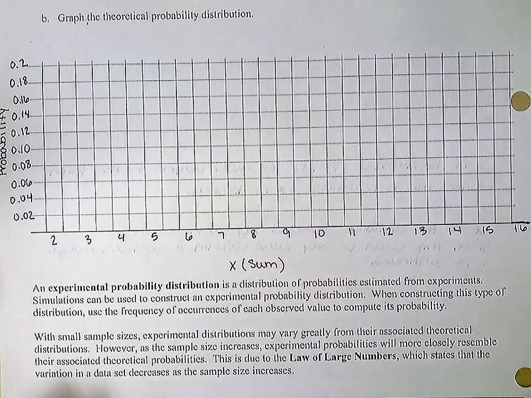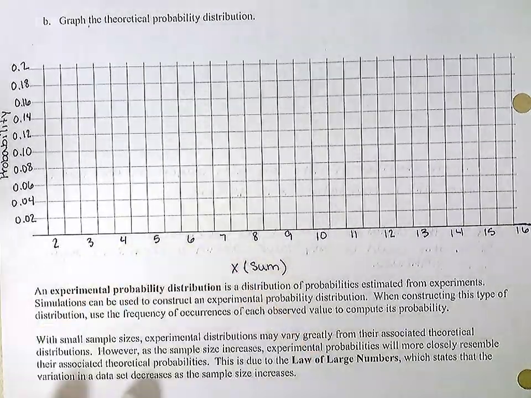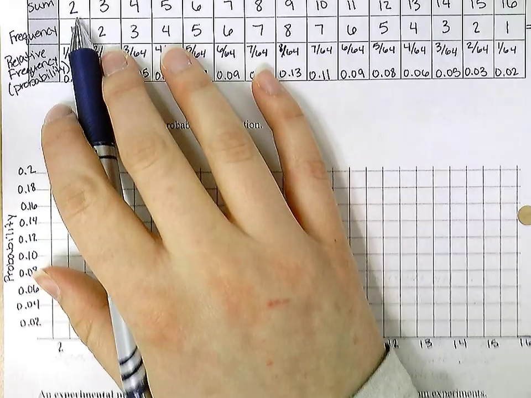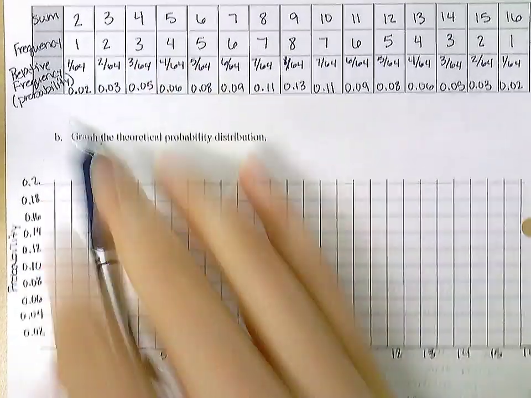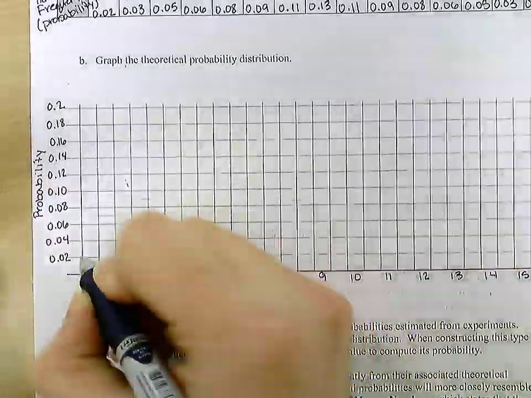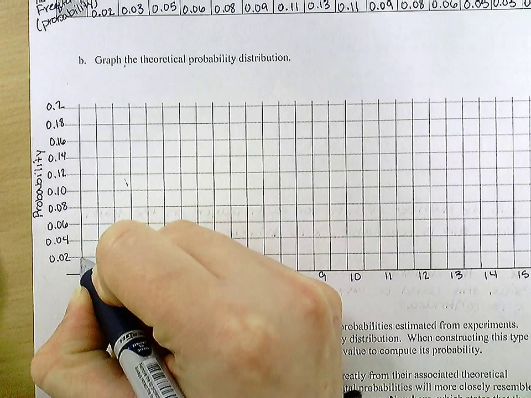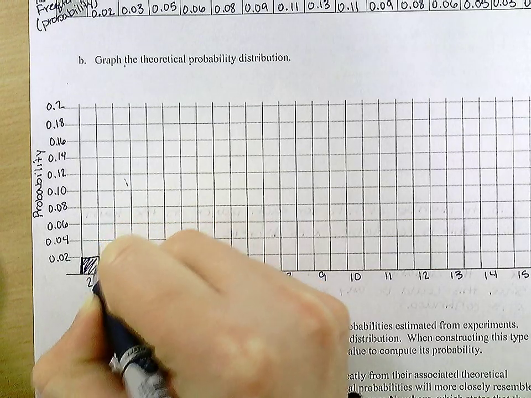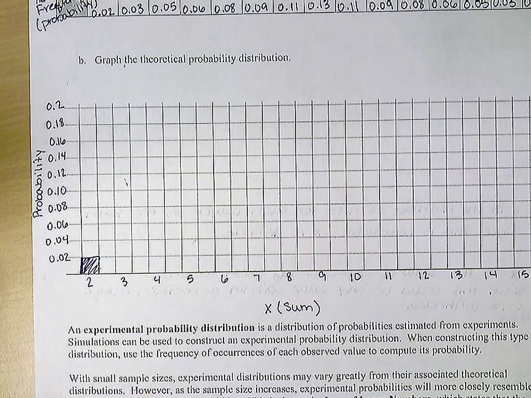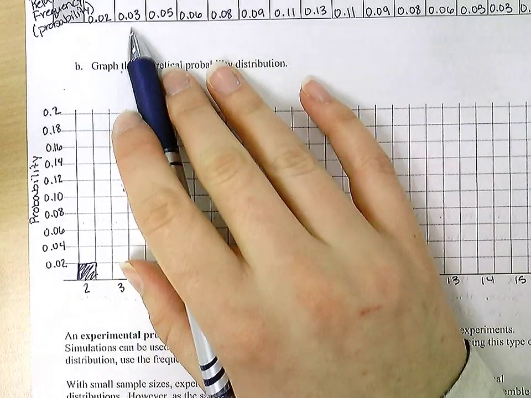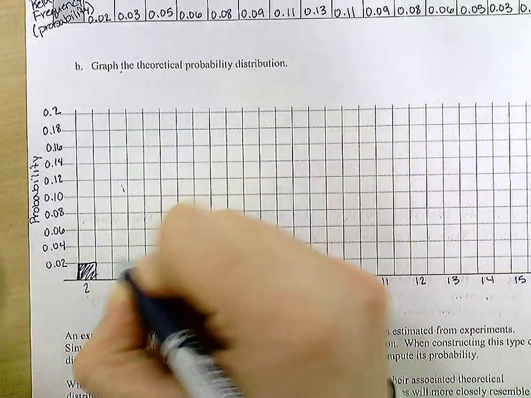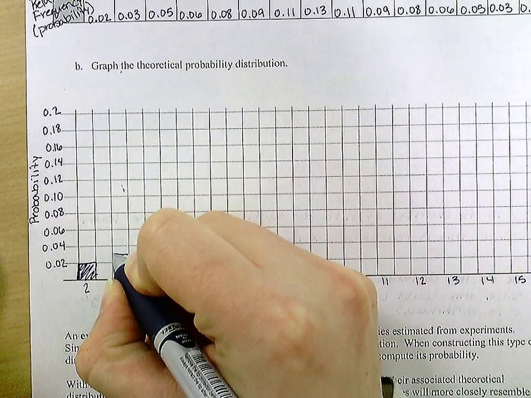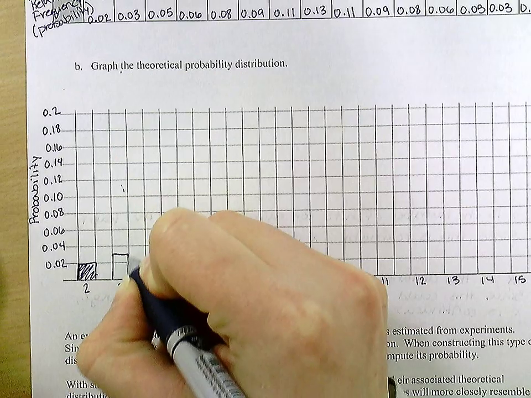Okay. All right, so then I just have to graph each of these. With 2, my probability was 0.02. So I just have to go up to 0.02. For 3, my probability was 0.03. So that would be halfway between these two.